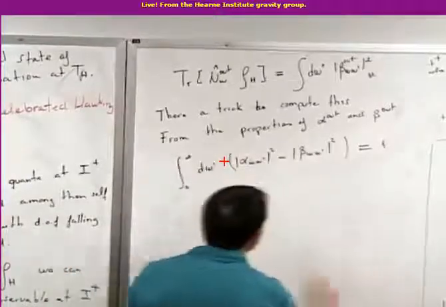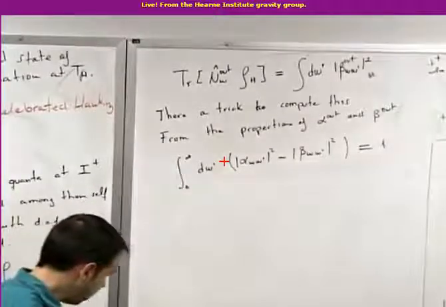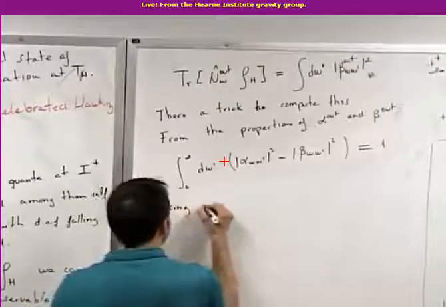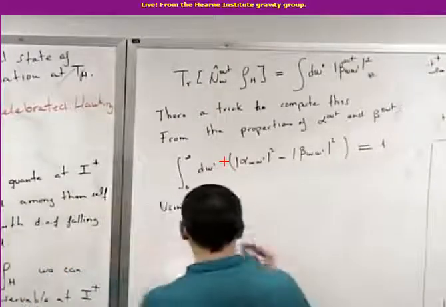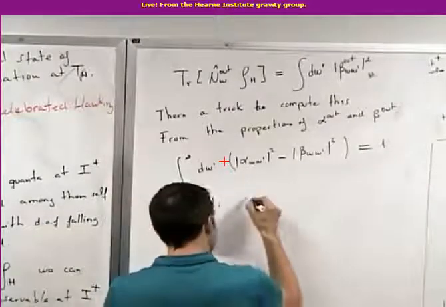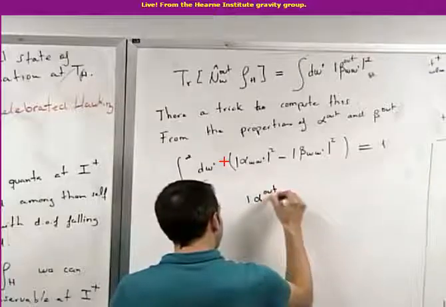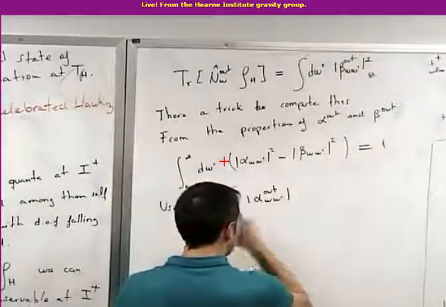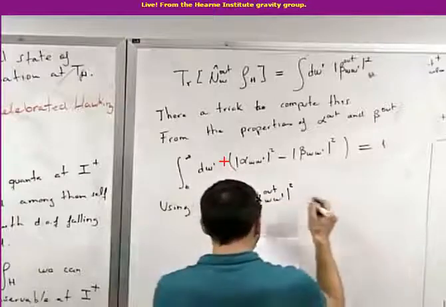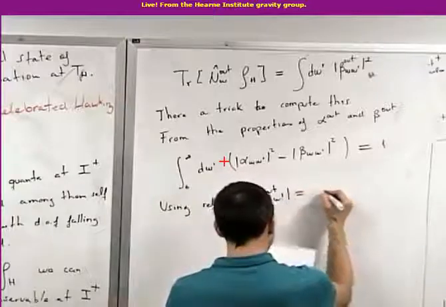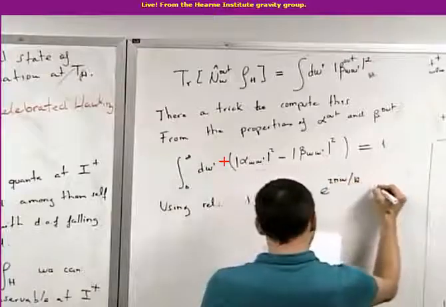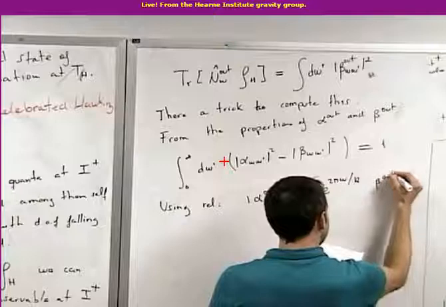I want to use that, and using now the relation that I wrote before, relation 15, or one of the relations 15. Remember, I wrote a relation between alpha out and beta out. If you take the absolute value of what I wrote, you get this.